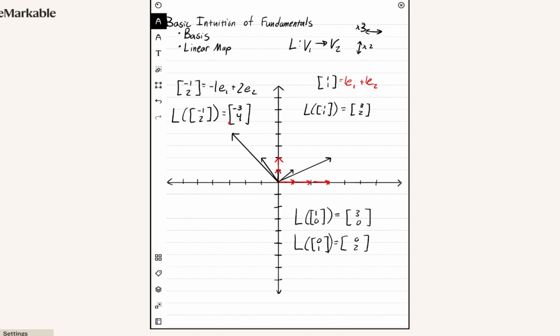You can do this one yourself, but you can see that it'll get transformed to negative 3, 4 if you break this one down into a linear combination of its basis vectors. Actually, I'll do that right here. It'll get broken down like this, as I wrote above. And I'll go into more detail about this later, but this can be broken down further into this.